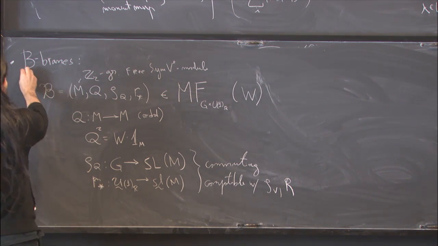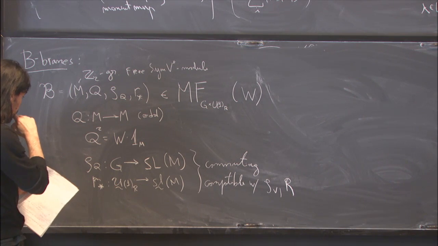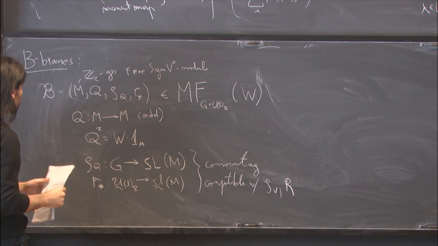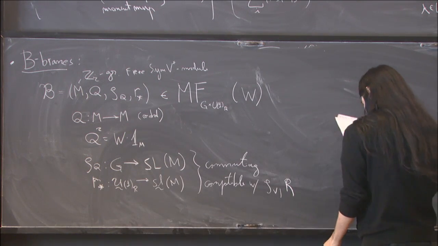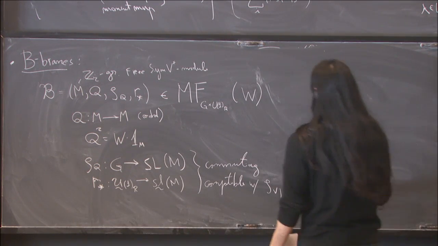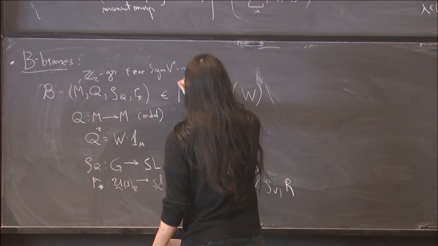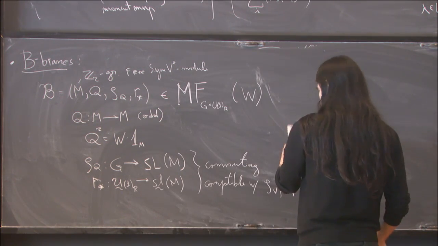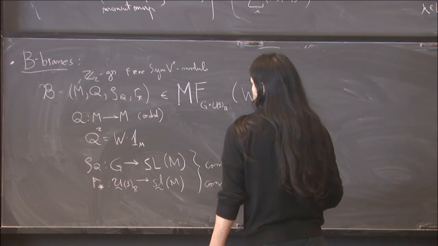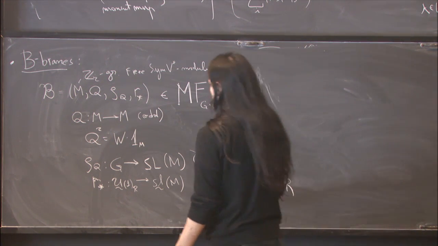So I want to define, I said, B-branes. So I need this set of data, and I need some extra set of data that is sometimes ignored. But in physics, to define B-branes, I need to impose boundary conditions for my fields.